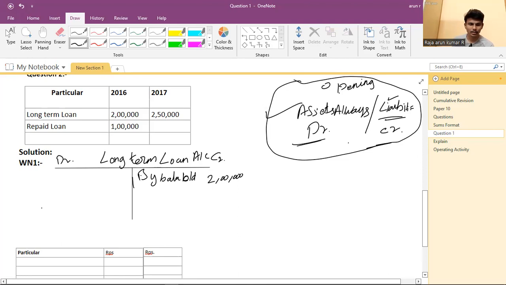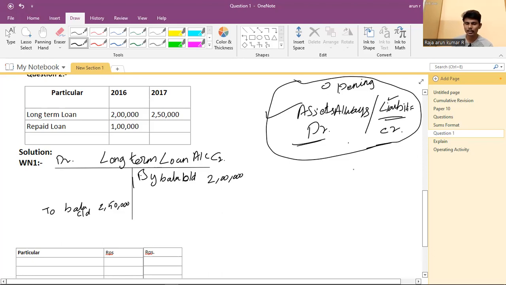Then to balance c/d 2,50,000. Then the repayment of loan, the loan repaid.